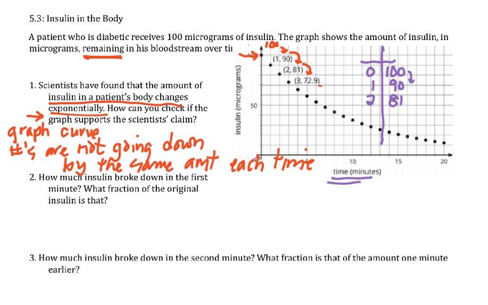So every minute, from 100 to 90, that's a difference of 10. From 90 to 81, that's a difference of 9. And then I drop down to 72.9. Well, that's a little bit less than 9. So it's not consistent. Therefore, I know that this is exponential.